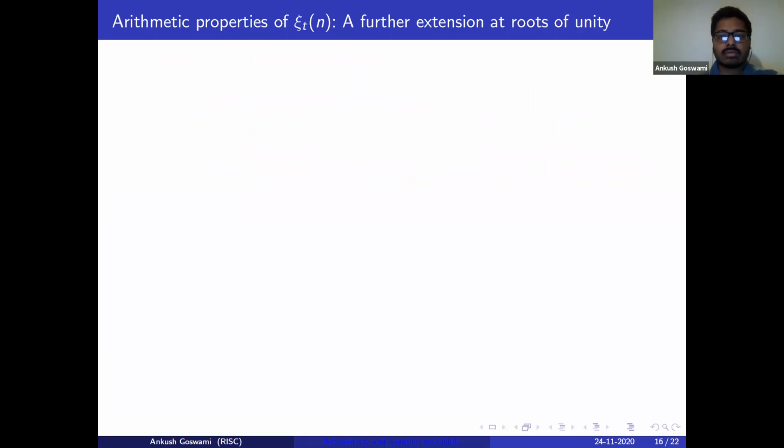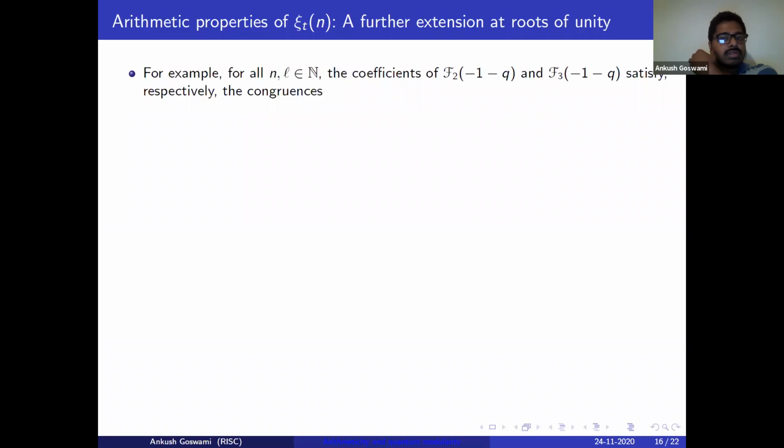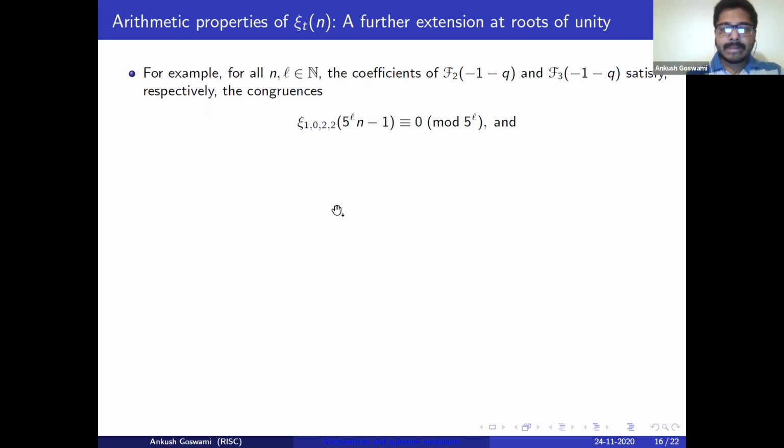Okay, so a few examples. If you just take s equal to 0, t equal to 2, n equal to 2, you get these congruences for the coefficients of F2 minus 1 minus Q and F3 minus 1 minus Q. So these are the congruences for xi 1022 modulo 5 to the power of L, and this corresponds to r equals 1, s equals 0, t equals 2, and n is also equal to 2.